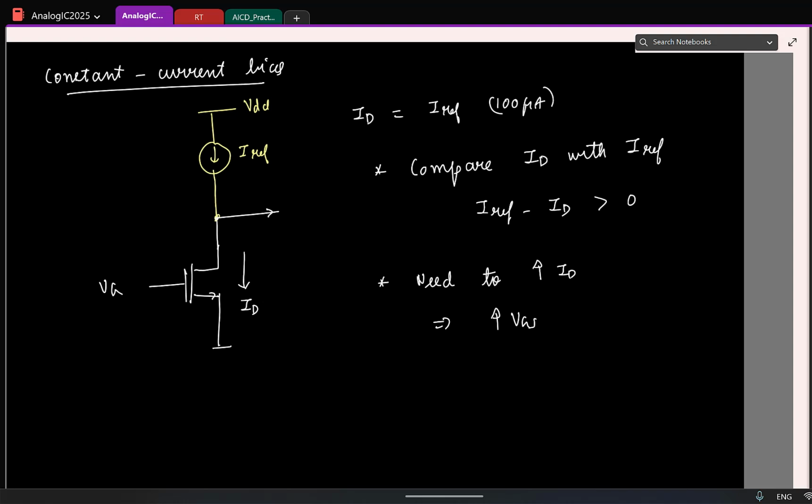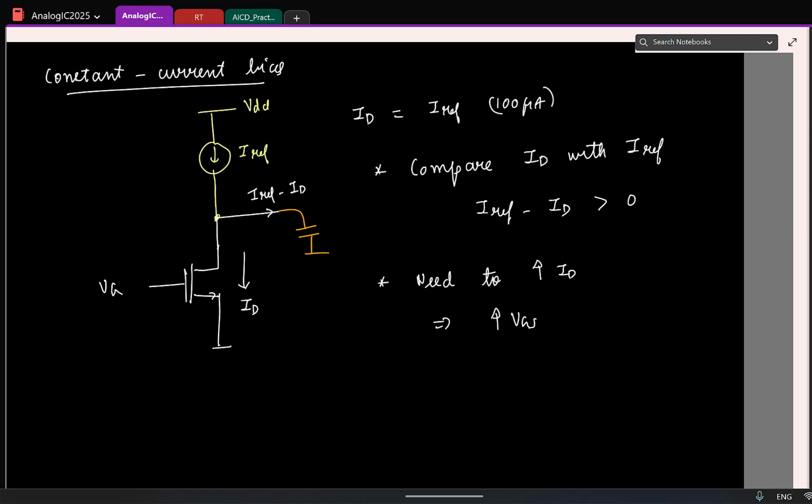Now is when we have to go and change VGS accordingly, right? And remember that in practice, at all of the nodes, you will have some parasitic capacitance. So which means this excess current of IREF minus ID is effectively getting pumped into the parasitic capacitor. And let's take this example where the difference current is greater than 0.